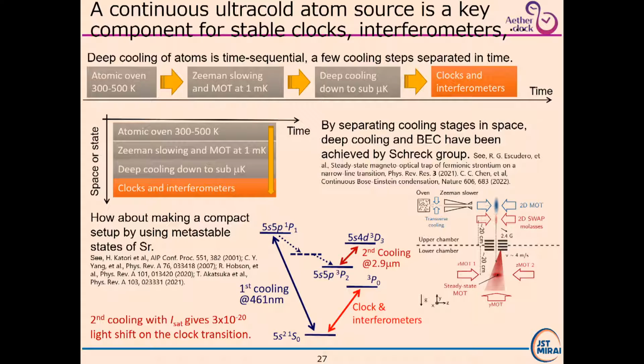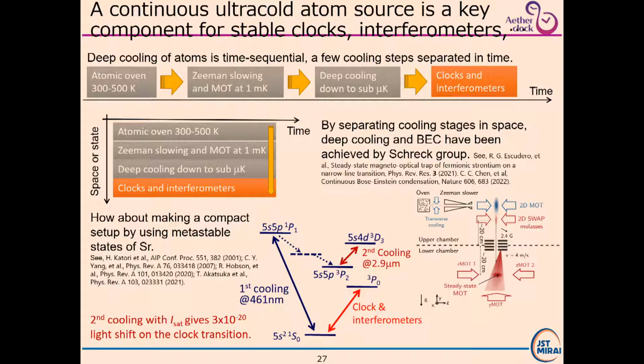And we are now exploring a new scheme of continuous cooling using metastable states of strontium. We make first cooling using a strong transition, and the atoms decay to a metastable state, which is trapped by a magnetic field, and then we apply narrow line cooling using a mid-infrared transition.